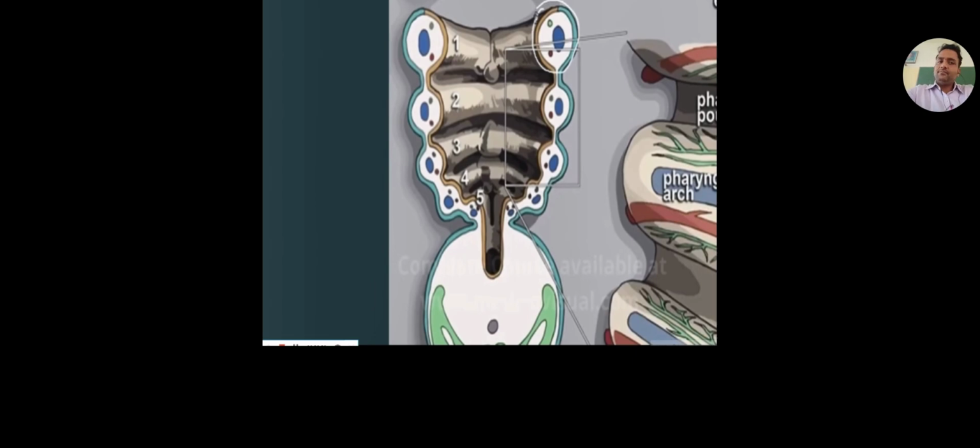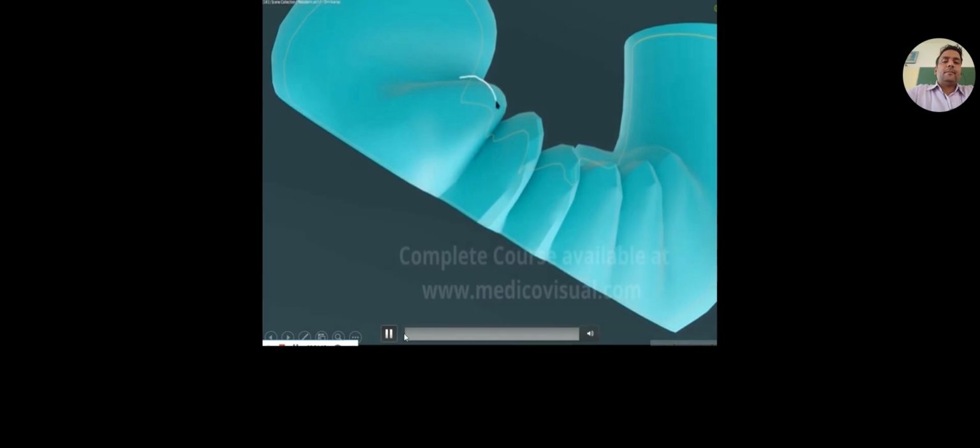The 5th one disappears. And you have 4 external invaginations called ectodermal clefts and 5 endodermal outpouchings called endodermal pouches. And where both endoderm and ectoderm meet, they are called membranes.